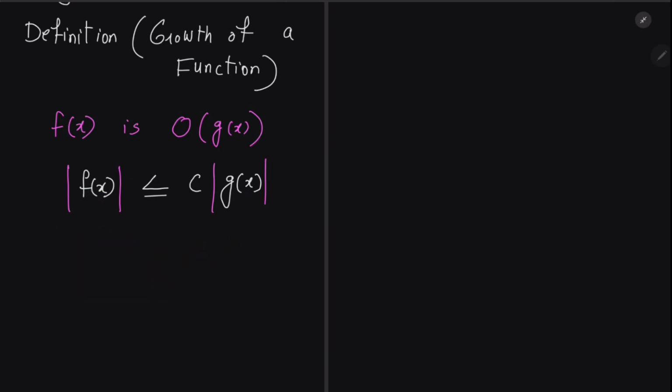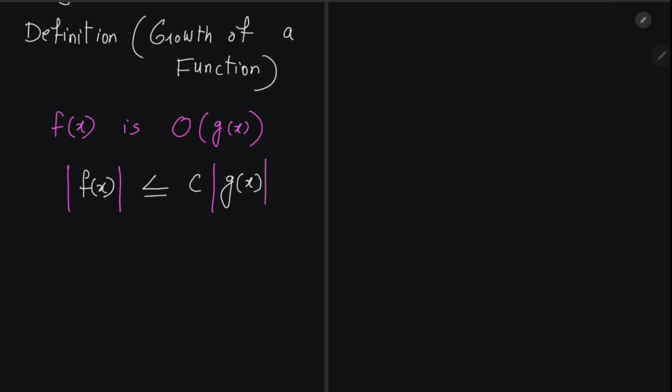Anyway, this function is either equal to g of x or it is smaller than g of x. That's how we define the big O notation.